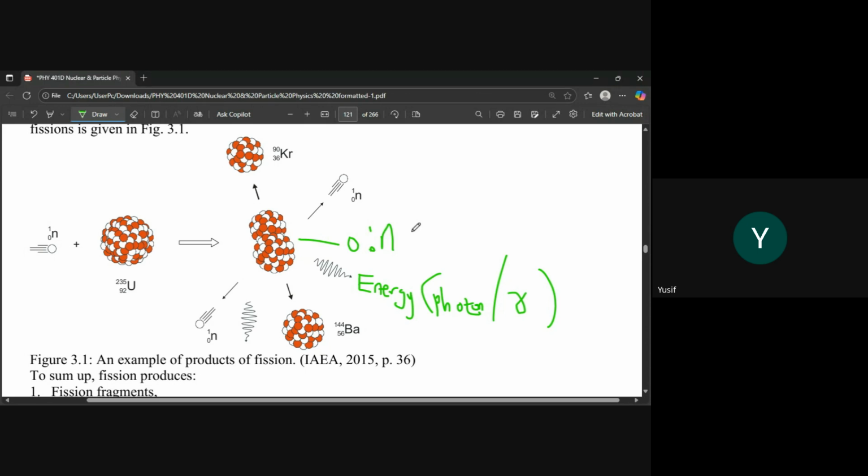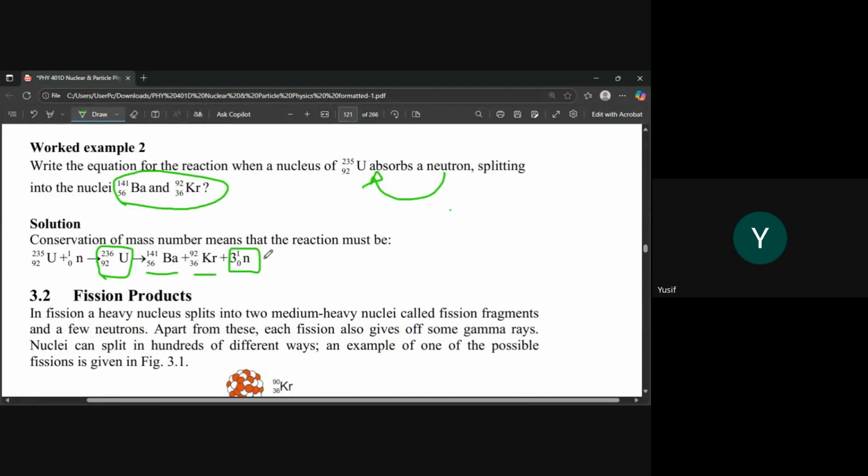Okay. I hope it's clear. But let's solve this question before we move ahead, because I have a feeling something must be wrong.